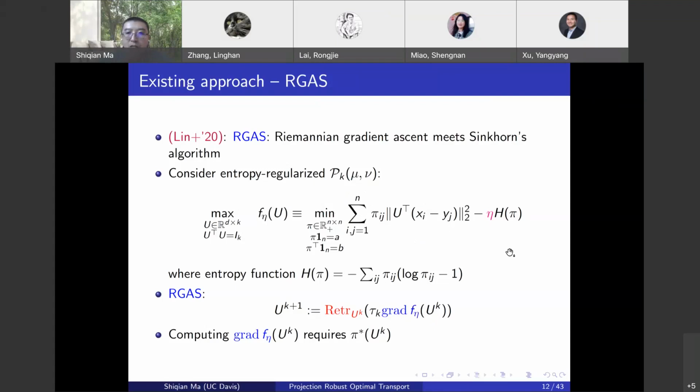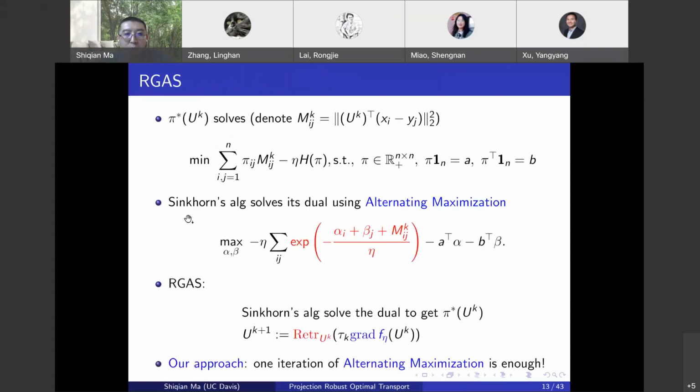To solve this problem, there is a widely used approach. It is called the Sinkhorn algorithm. The Sinkhorn algorithm actually solves the dual problem of that entropy regularized optimal transport problem. It solves the dual problem using the alternating maximization algorithm.